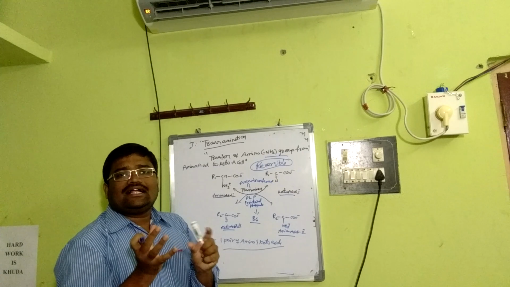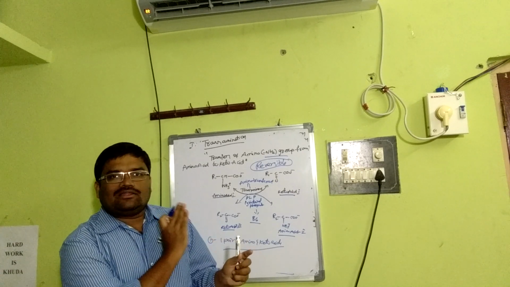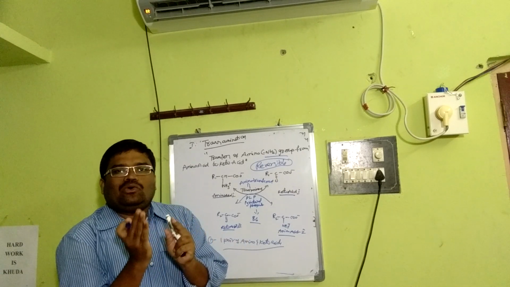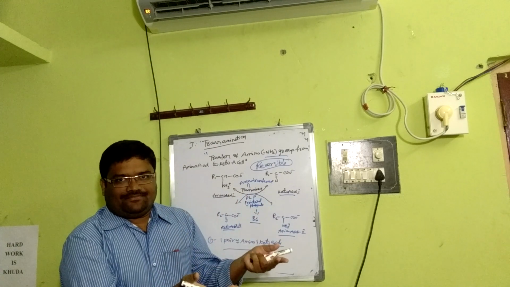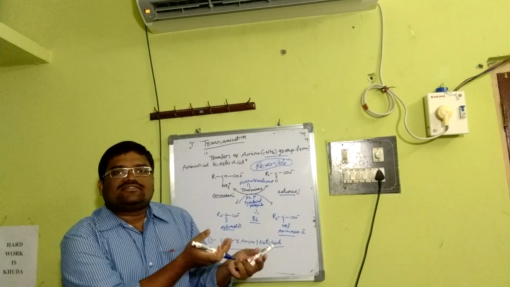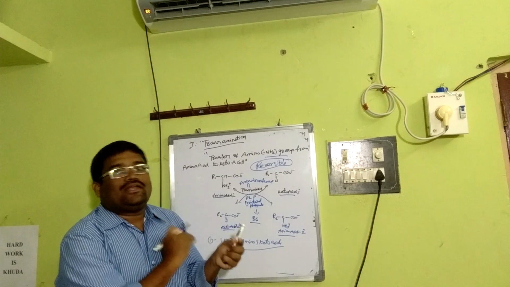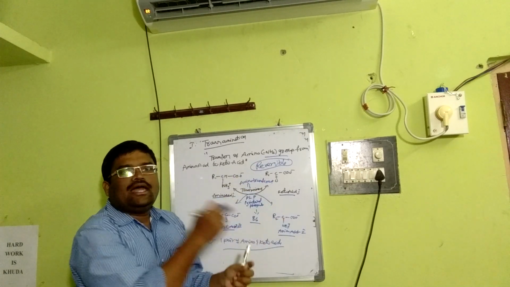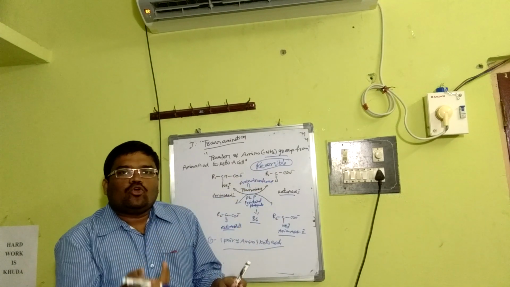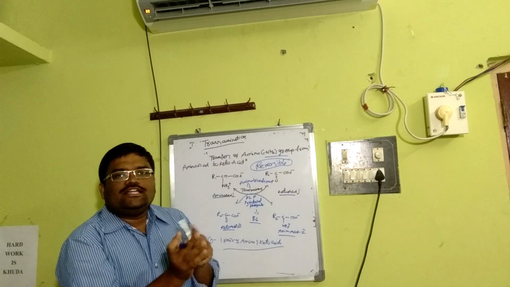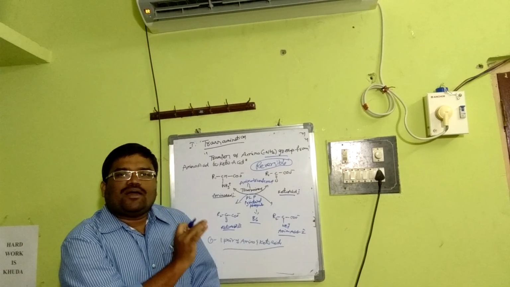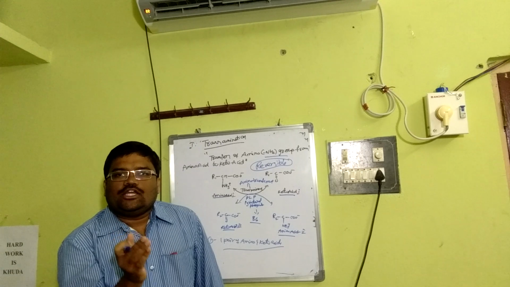What we call interconvertibility. Here, the amino acid by losing amino group will become keto acid, and a keto acid by accepting amino group will become amino acid. It's called interconvertibility of one pair of amino acid and one pair of keto acids.